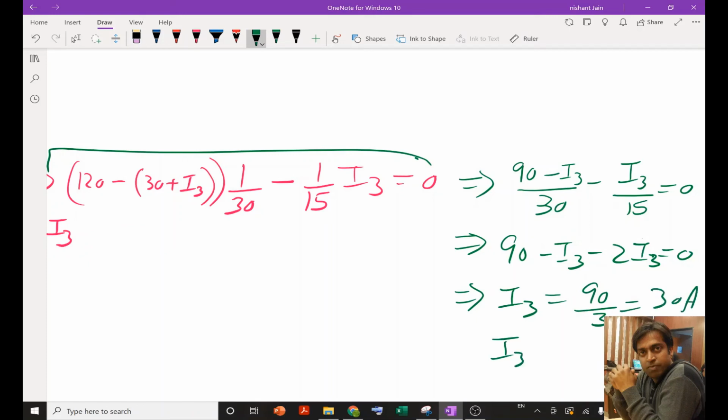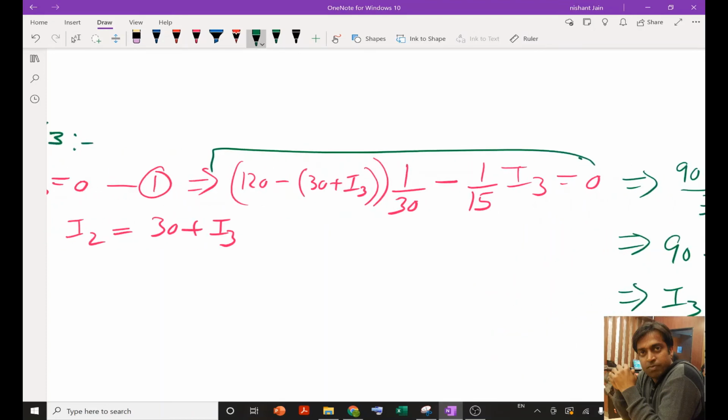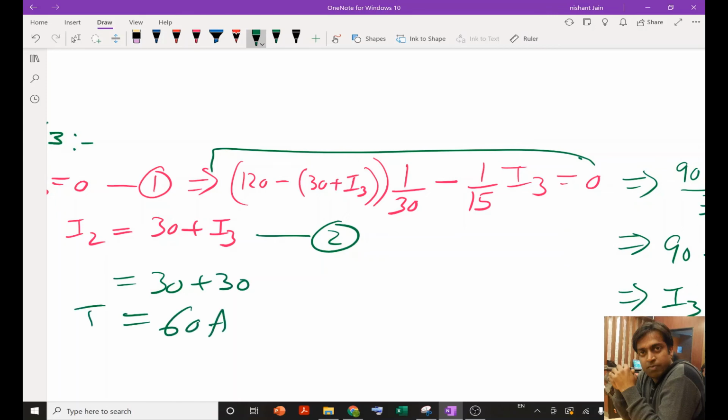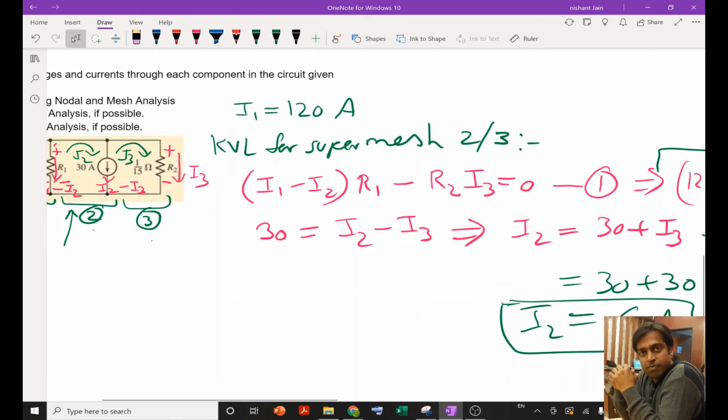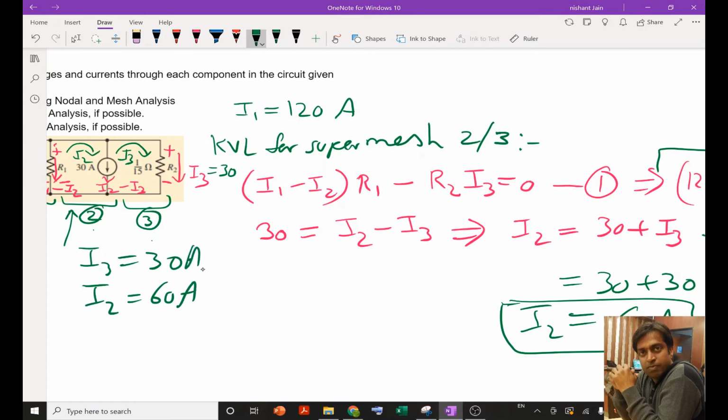So our I3 is 30 ampere. Substituting this value in the second equation, we get 30 plus 30 equals 60 ampere. So the value of I2 is 60 ampere. Now I3 is 30, I2 is 60 ampere, right?